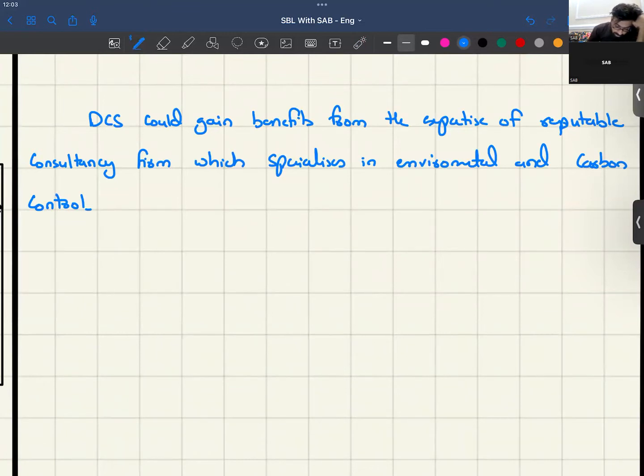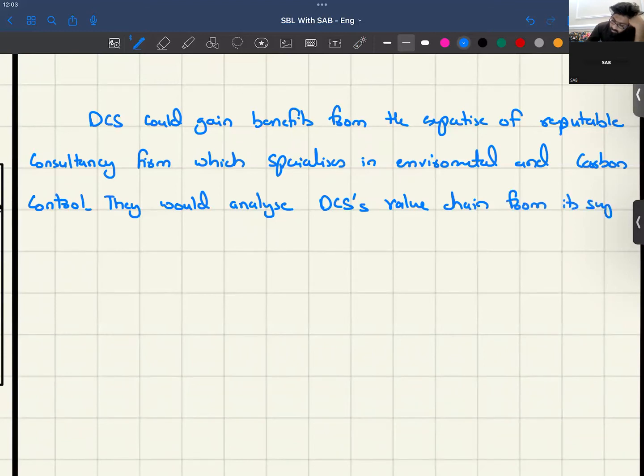In controlling the environmental sector. Now what are they gonna do? They would analyze DCS's value chain, right?